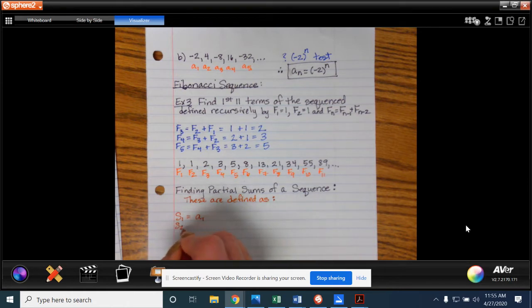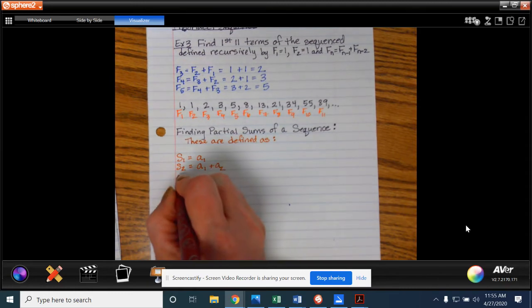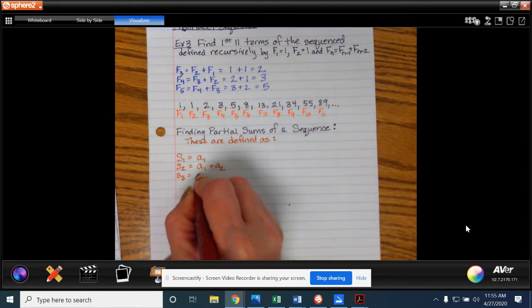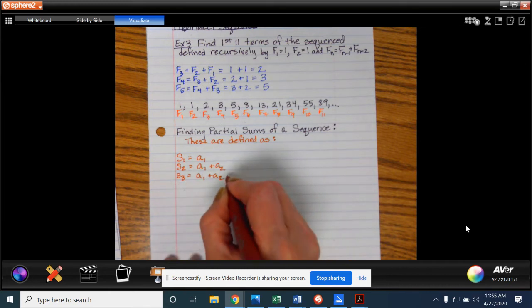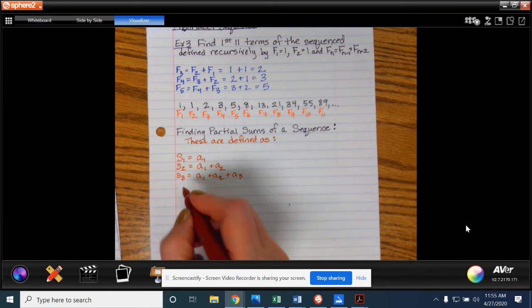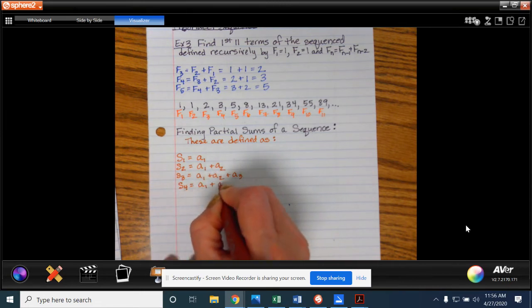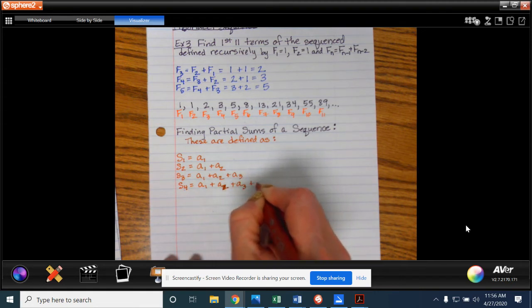S of 2 is taking the first two positions, whatever they are. I'm going to scoot it up, sorry. S of 3, S meaning the sum, is defined by the first three positions, because it's a total of the three numbers. And we would continue on, say S of 4 is going to be the first four numbers. Oops, that should be a 2, plus A of 3, plus A of 4.